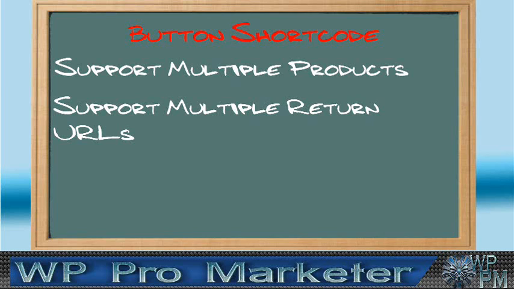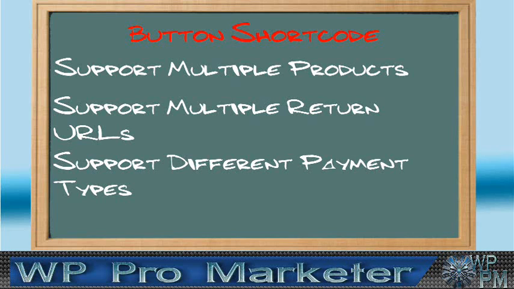So each one of those multiple products can have its own return URL for an upsell or download page, which is something by default you can't do from PayPal. You get one return URL when you set it at PayPal. But by using this plugin, it gives you multiple return URLs. Then we're going to obviously support the different payment types, the buy now, subscription, etc.